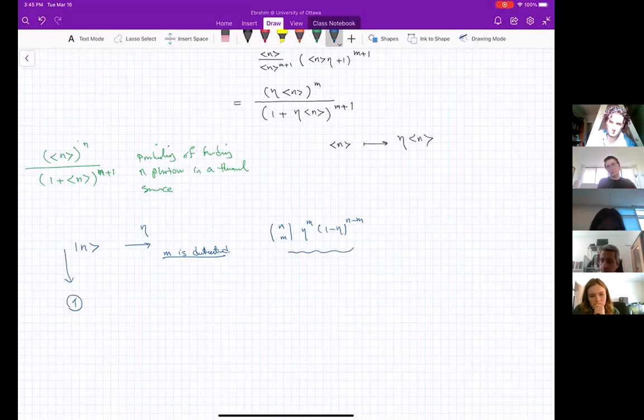As a homework, try to do so for the squeezed source. You are sending a squeezed source and you want to see the probability of detecting n photons. Might be tough mathematics, but it tells you something. Okay, good.